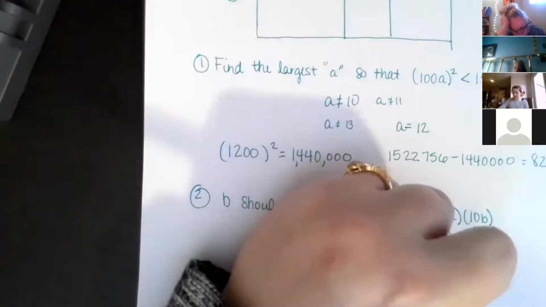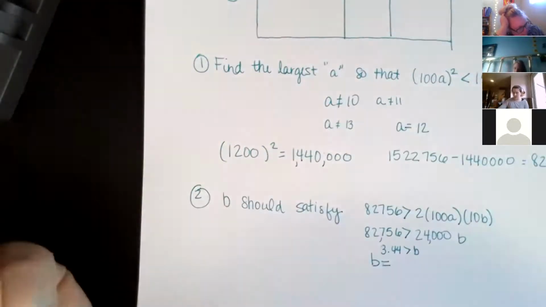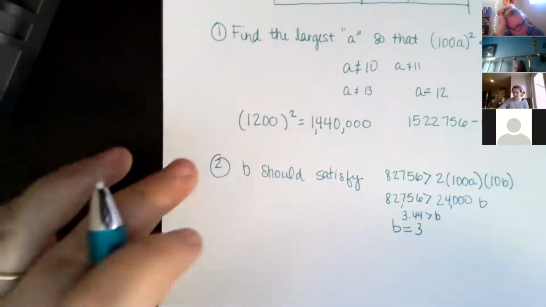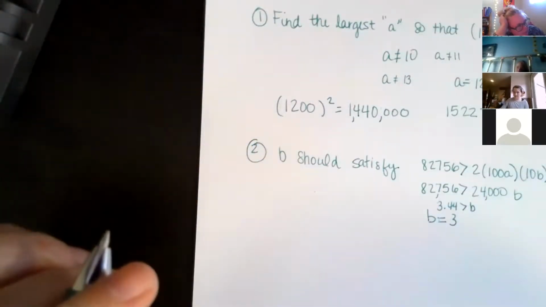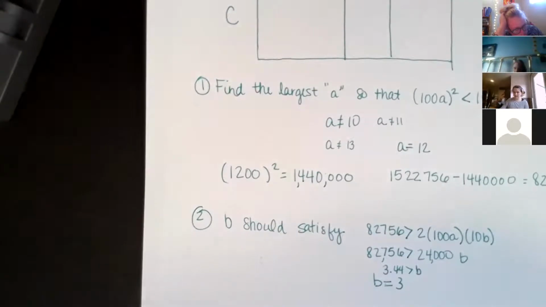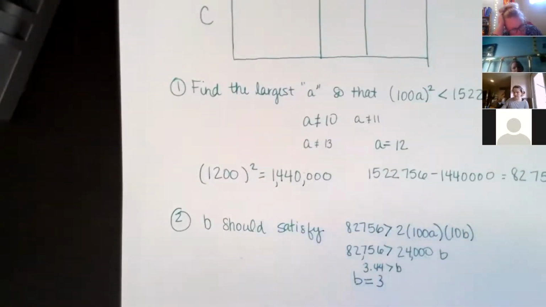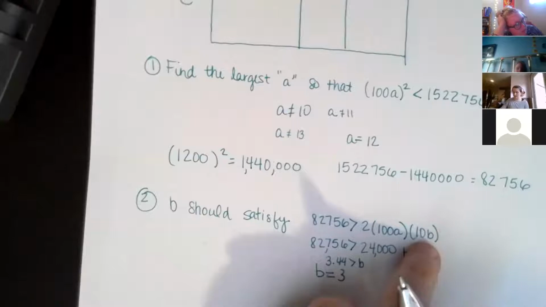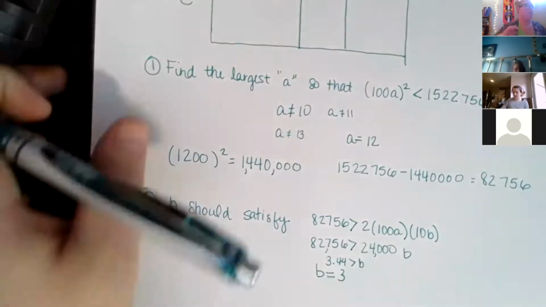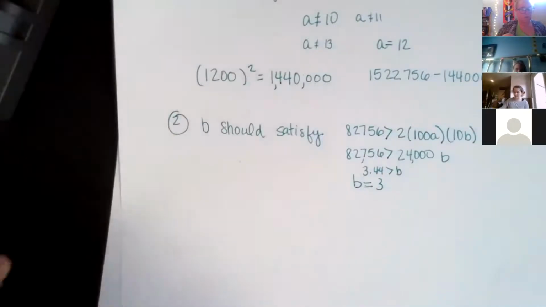So our B should be 3. Right. Well, we know the answer, but how is it 24,000? So A is 12, so that's 100 times 12 times 10 times 2. Oh, wait, where are we getting the 10 from? Oh, that, sorry. Okay, you're good. Awesome.